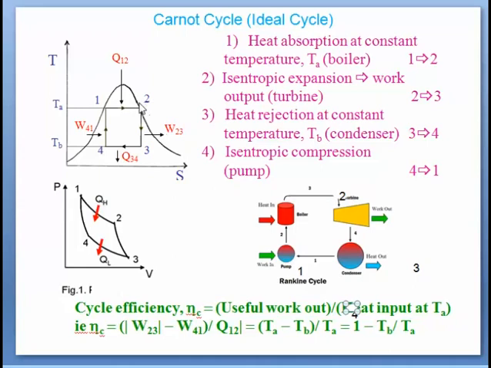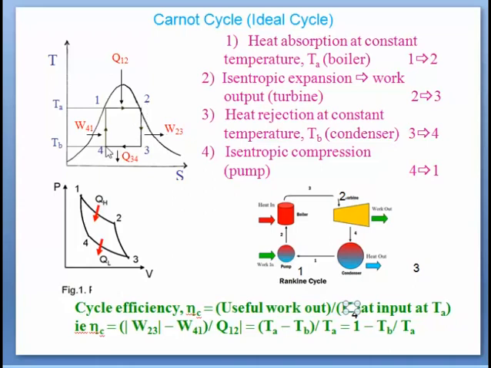Point 2 is dry saturated condition at the inlet of the turbine. So the expansion takes place in the wet zone, and as you know the turbine rotates at very high RPM, so these water droplets may hit the turbine blades, and that may cause erosion of the blades and in turn damage them.